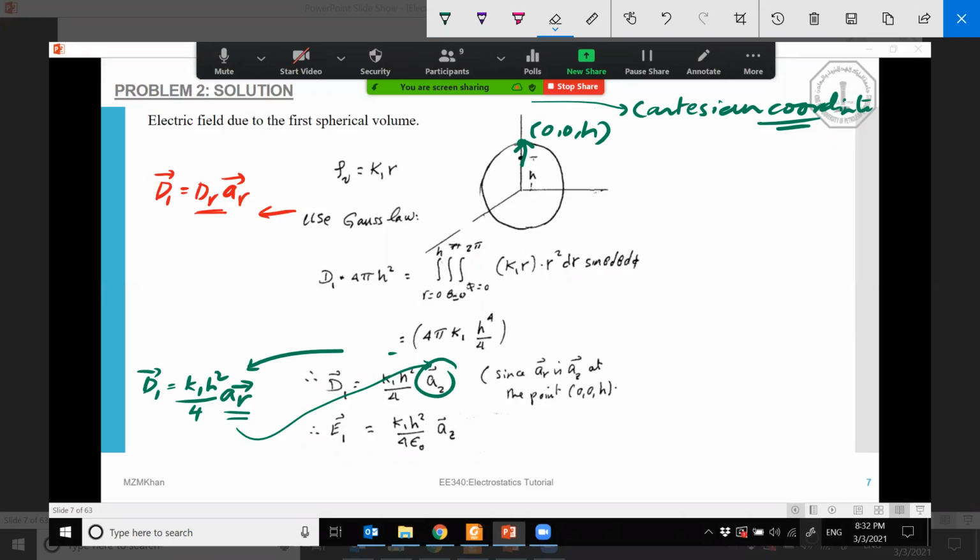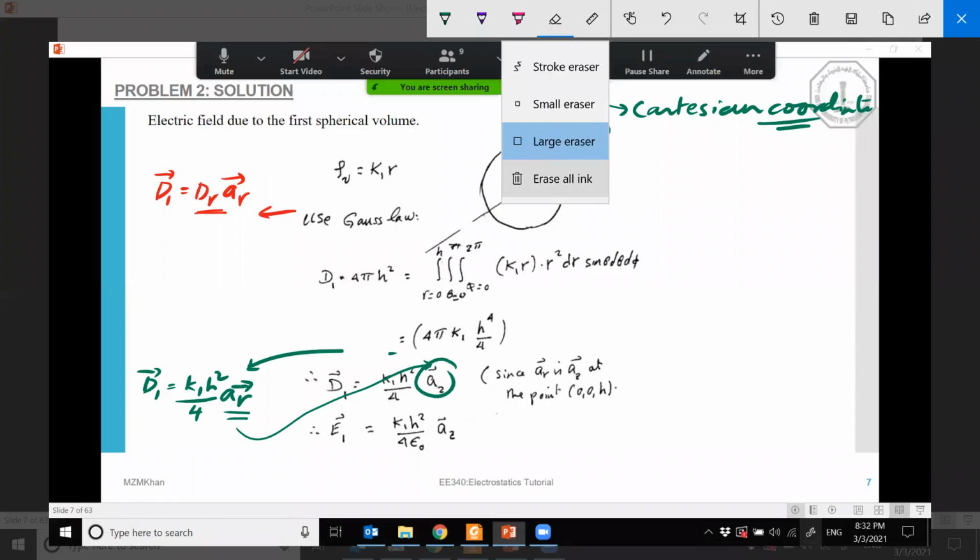Here, because I'm just restricting my direction to this h, and I know this h is along the z-axis, I can simply replace ar with az. And this is the electric field that I will see at 0, 0, h in Cartesian coordinates, because of this spherical volume.